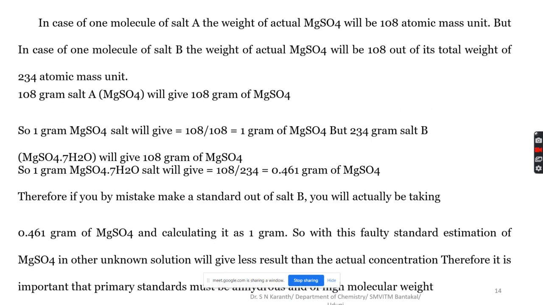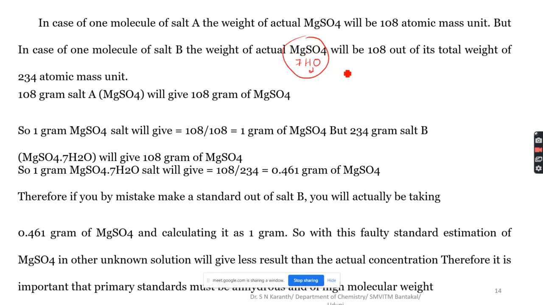One molecule of salt A weighs 108 atomic mass units, but in the case of B it is not 108. It is 108 out of a total weight of 234 atomic mass units, because it is not just MgSO4, it contains 7 moles of water.